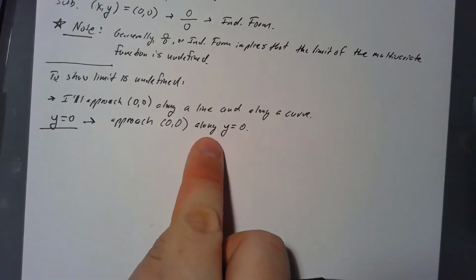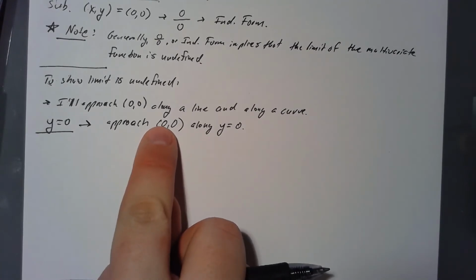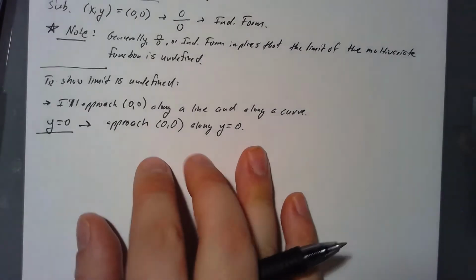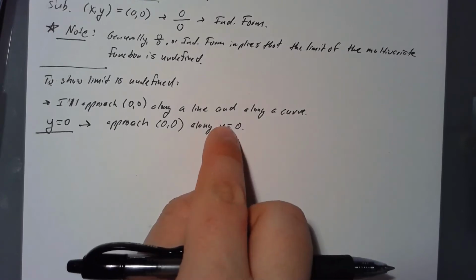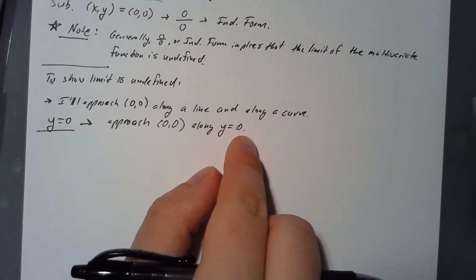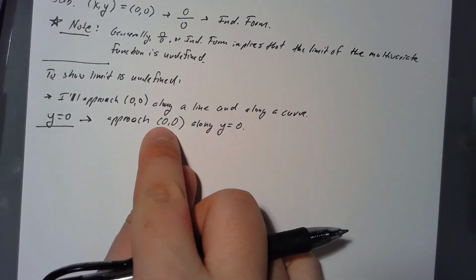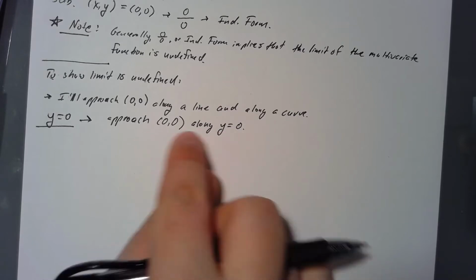Basically, the y coordinate is 0 and x is approaching 0. So what line is this? What line is y equal to 0? That's the x-axis, right? So I'm approaching along the x-axis, converging towards the origin. Basically, that's what this is saying.